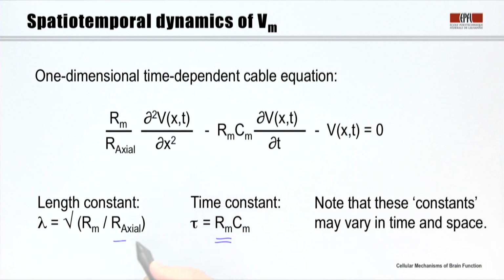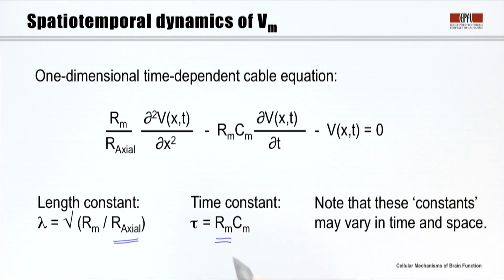The axial resistance may not change over time, but it certainly changes over space. And so very thick arbors of the neuron, which have large diameters, have low axial resistance, whereas the very thin arborizations that might be far from a neuron might have much higher axial resistances.